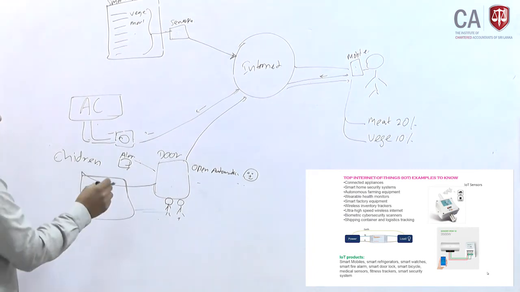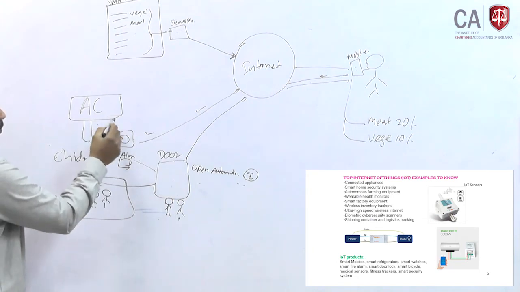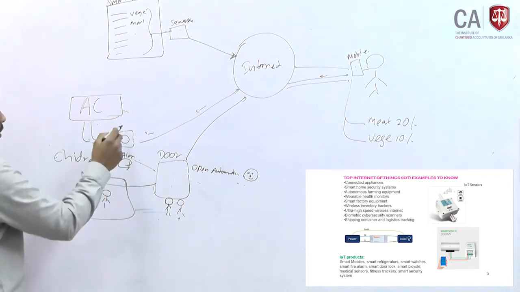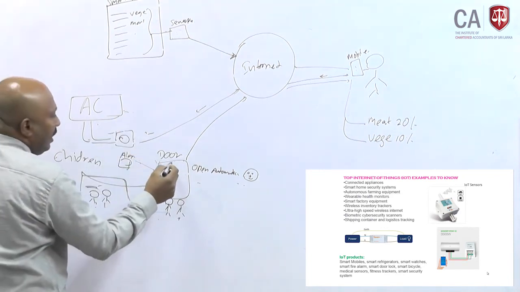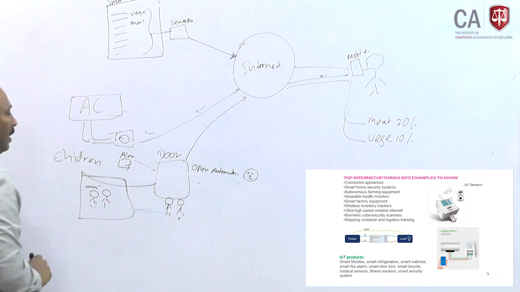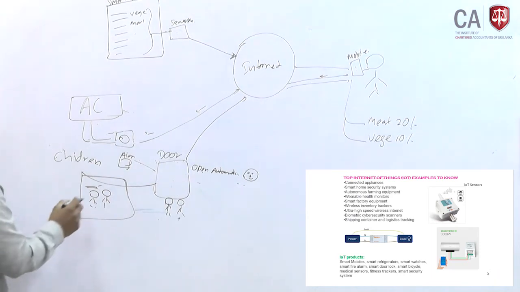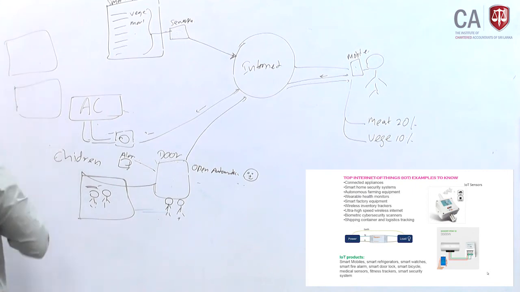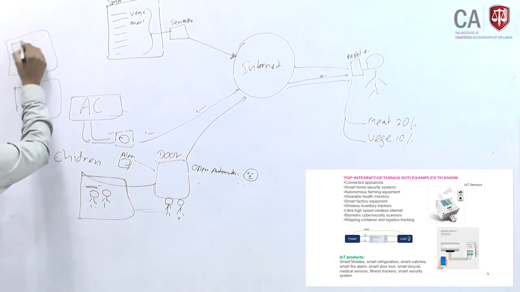And let us say you are going out without switching off the AC. There are two rooms in your house, and the AC is there.